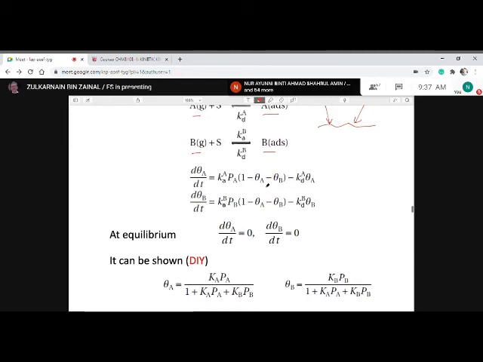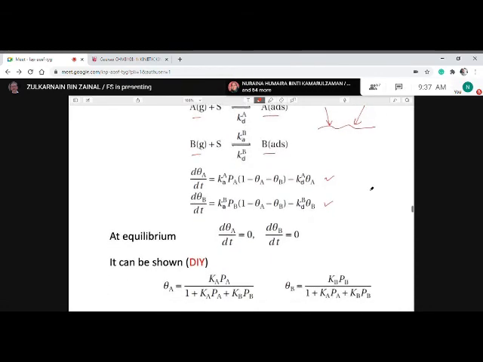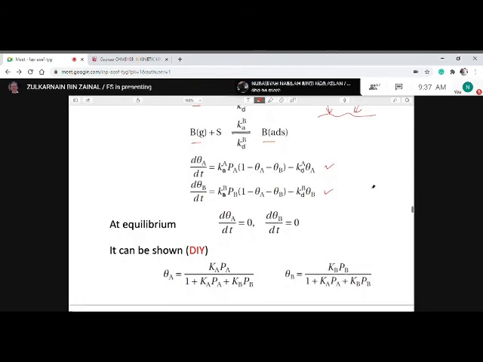Then we can write the equation. Now you can see that there is no square here, because this is non-dissociative adsorption, and they are competing with each other.